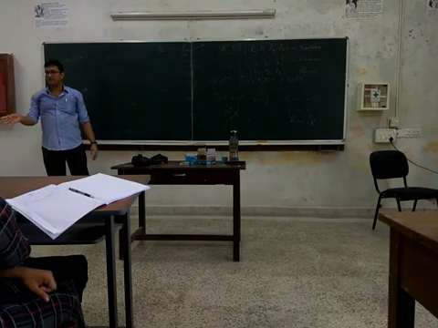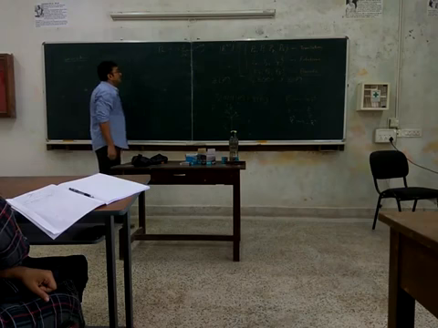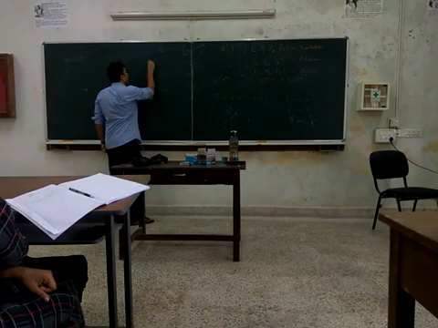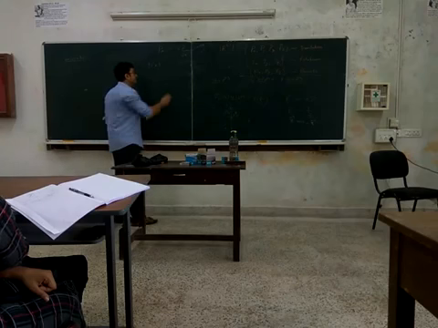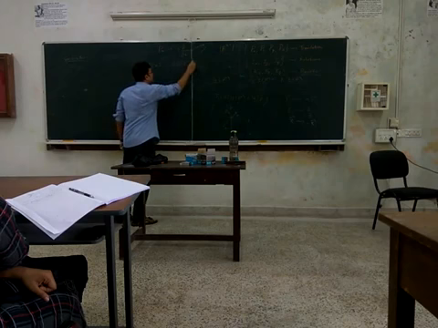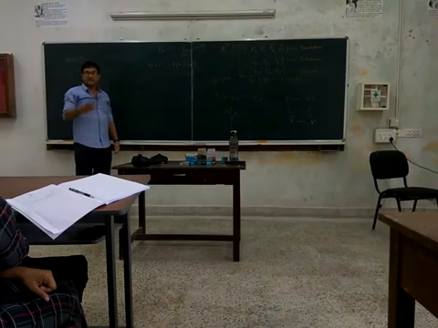Okay, so for simplicity, I'll just look at P of x. So I have some state psi of x, some arbitrary function. I want to take this function and shift it by some amount delta x.